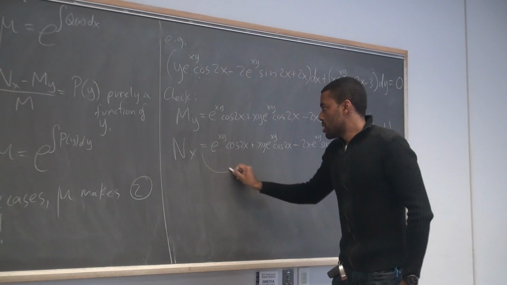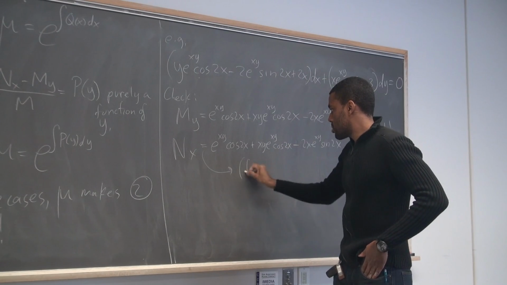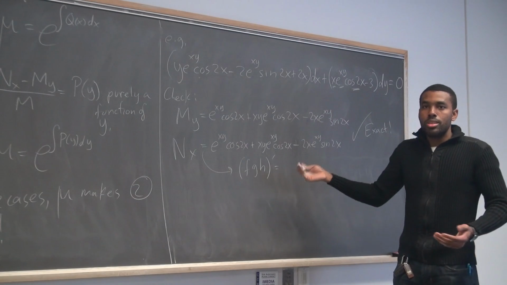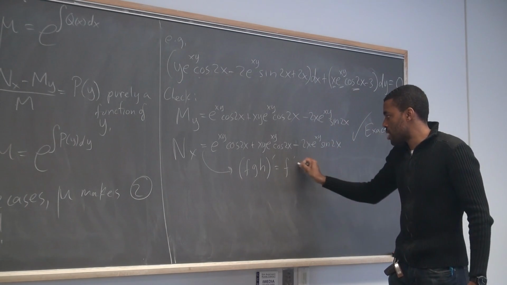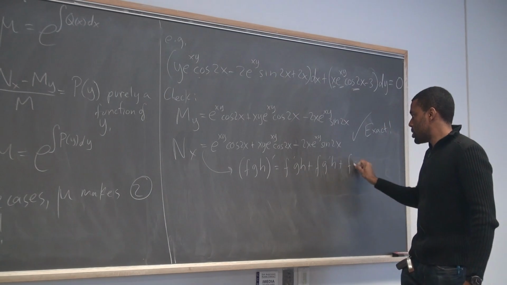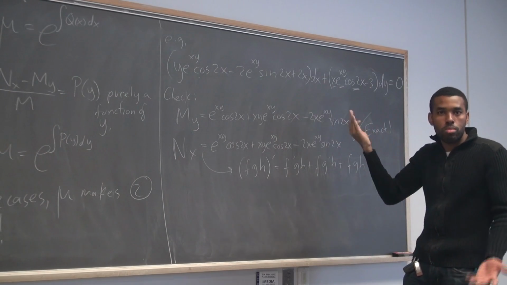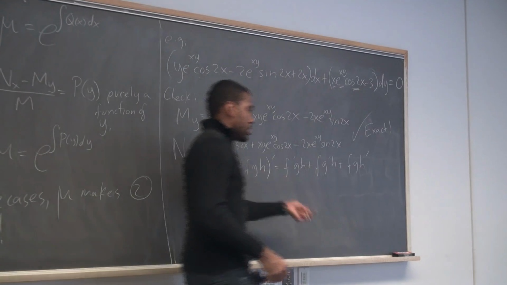Here I applied the generalized product rule. Basically, if you have a product of functions, you just have a sum of terms where each function gets to be differentiated once. So this is just f prime g h plus f g prime h plus f g h prime. I just added all the terms, differentiating one function at a time. So they are exact. So you do that check and you get that.